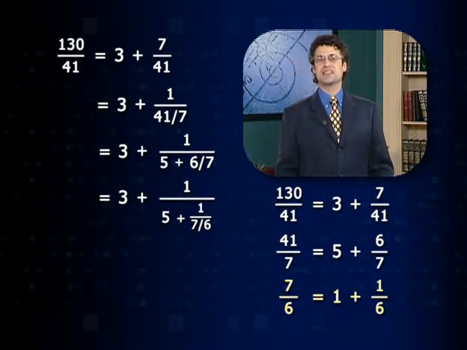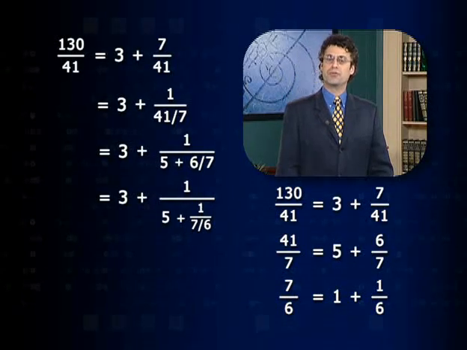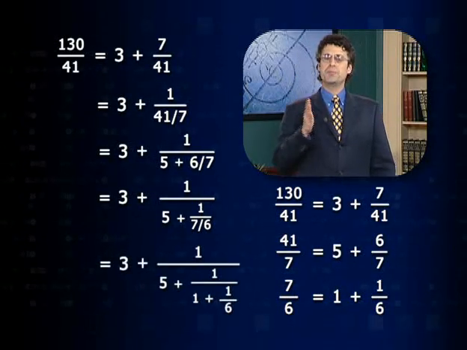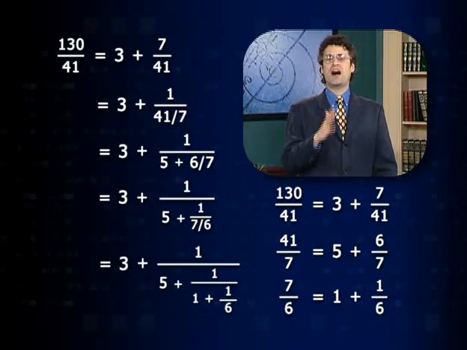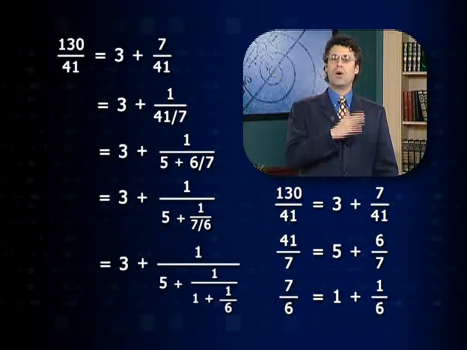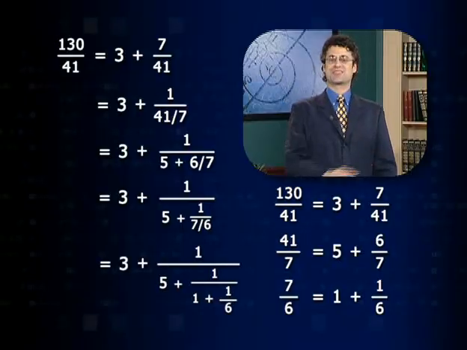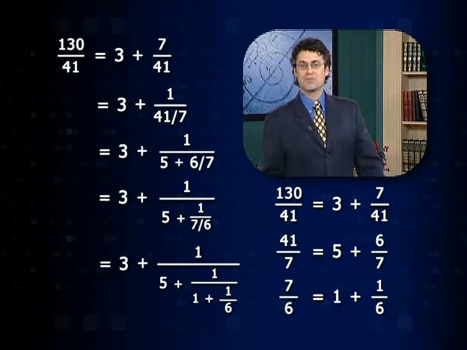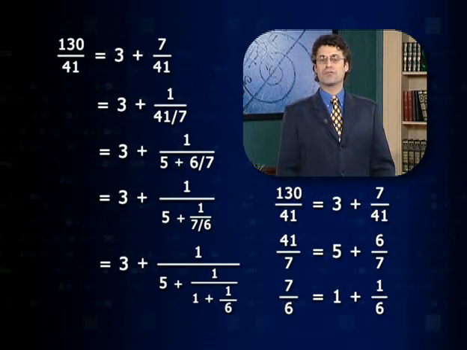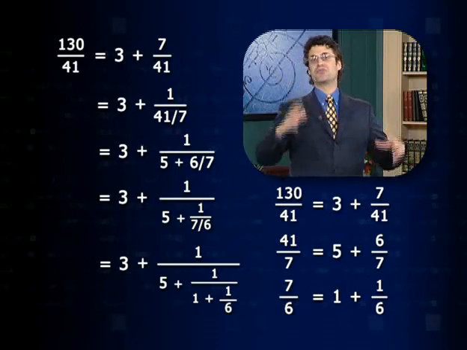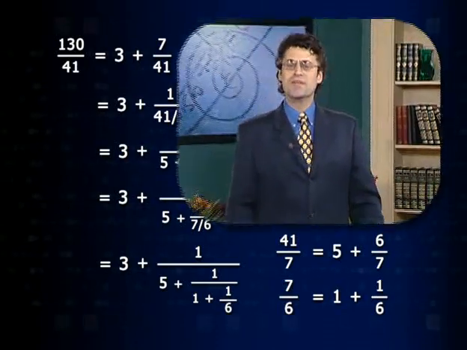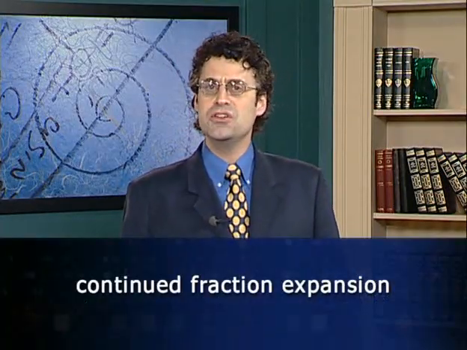And so finally I see that 130 divided by 41 equals 3 plus 1 over 5 plus 1 over 1 plus 1 over 6. And thus we see we can write 130 over 41 as this nested fraction within a fraction. Well, this representation as a fraction within a fraction is called a continued fraction expansion.